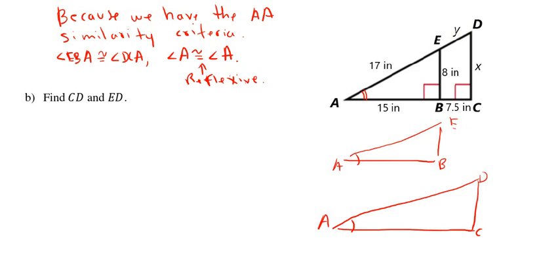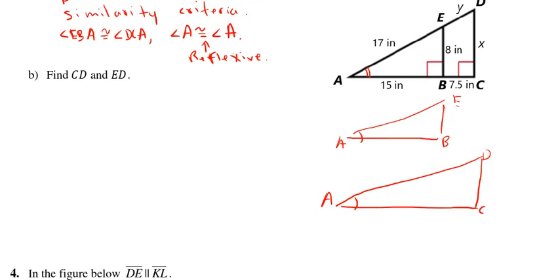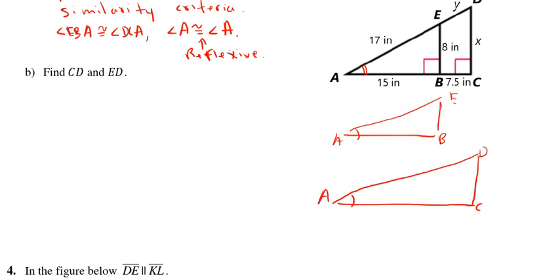So now that we have these triangles separated, they could be very useful for us. We have here, how much is AB? Yes, that's 15. How much is AE? Yes, and BE is, yes.